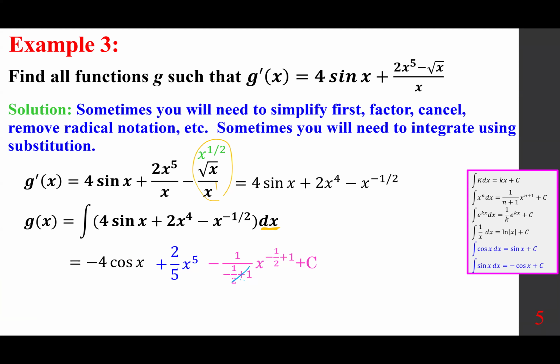This becomes 1/2. The reciprocal of that is 2. So we have minus 4 cosine x plus 2/5 x to the power of 5 minus 2 x to the power of 1/2, which is square root of x, and a constant. And that's the final answer.